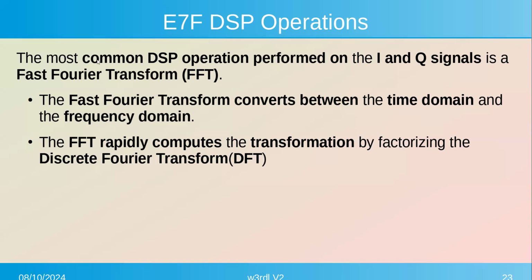And normally, you get this discrete Fourier transform, which is a slightly different variation of it, to get the factors.